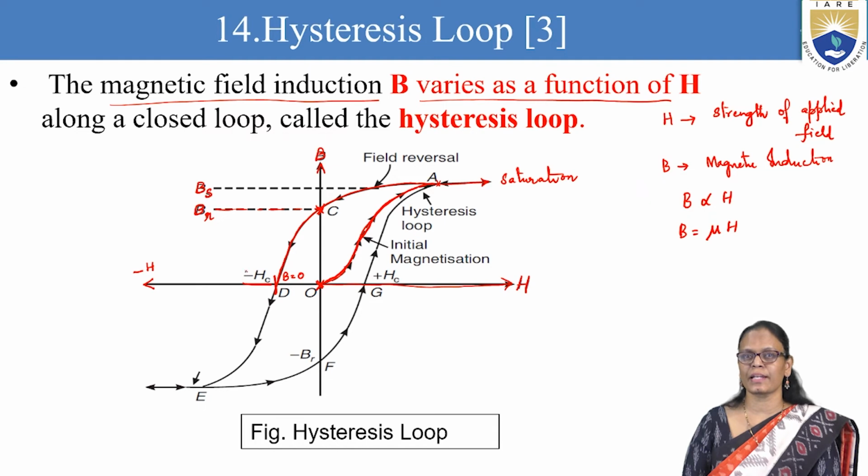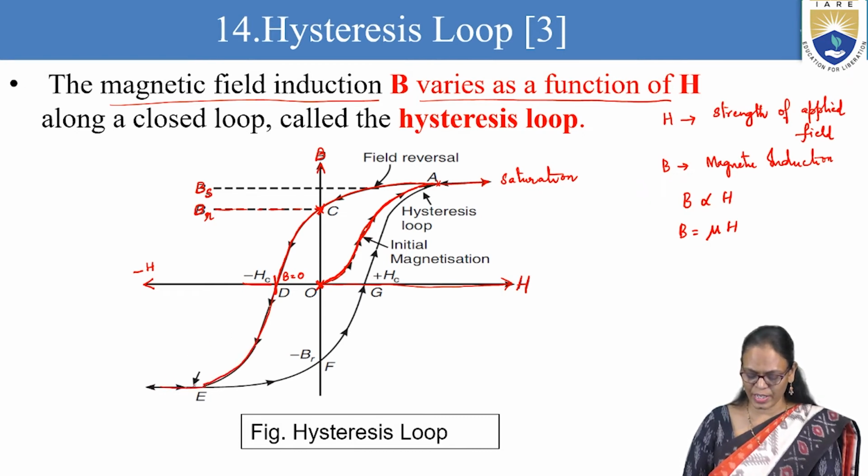This minus HC is the negative magnetic field that has to be applied to remove the residual magnetism. We call it the coercive force, HC.